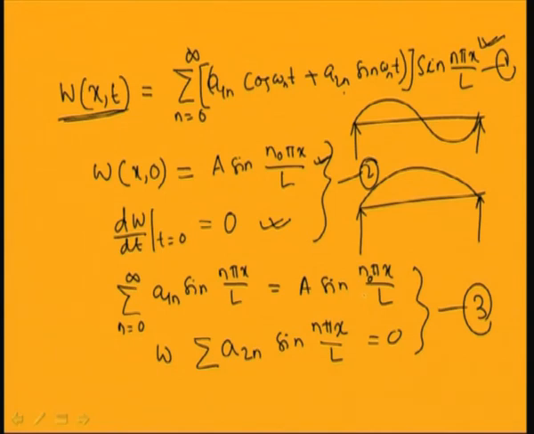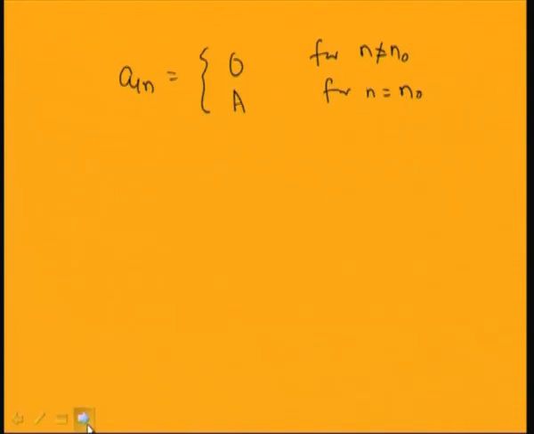In this case I can write that A2n will be equal to 0, and A1n equal to 0 for n not equal to n0 and equal to A for n equal to n0.